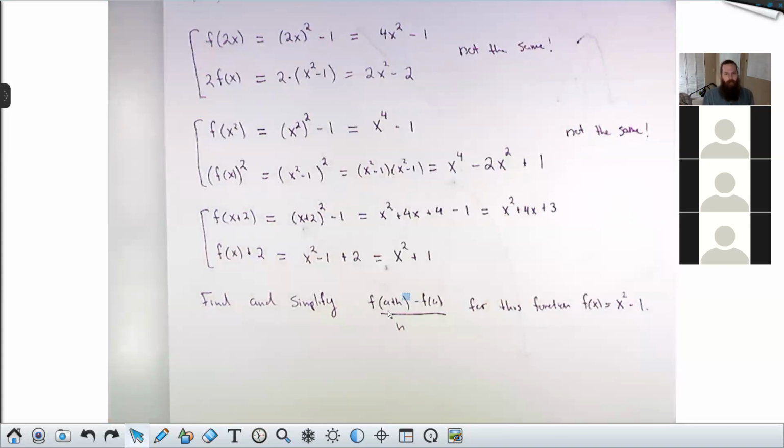So I need to know what f of a plus h is. I need to know what f of a is. Then I'll subtract those and divide everything by h.